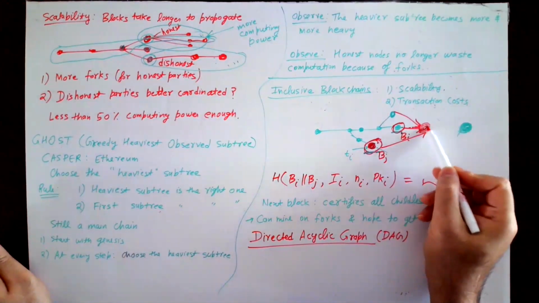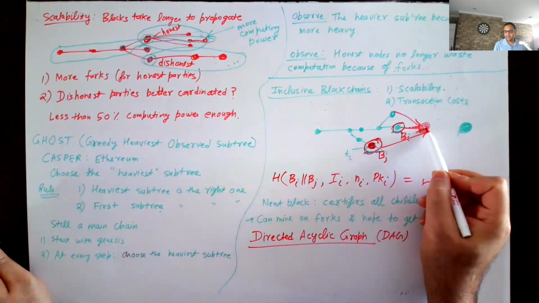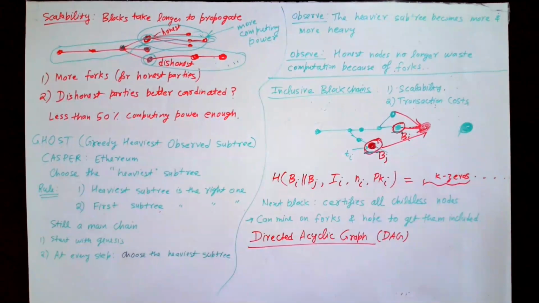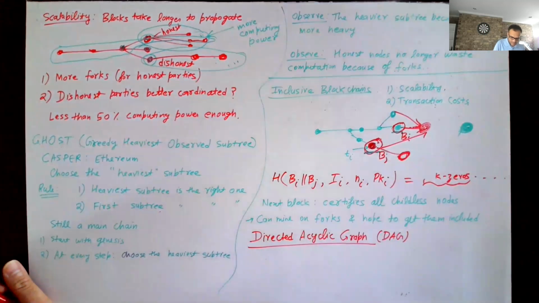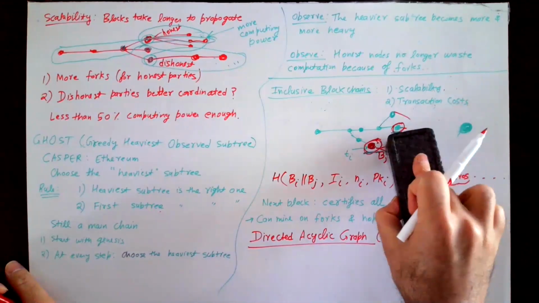Suppose there is a BJ, then the main chain gains one, and the side chain also gains one, right? And suppose there was another block on top of BJ, which is BJ plus one. So now the side chain is certifying BJ plus one, right?